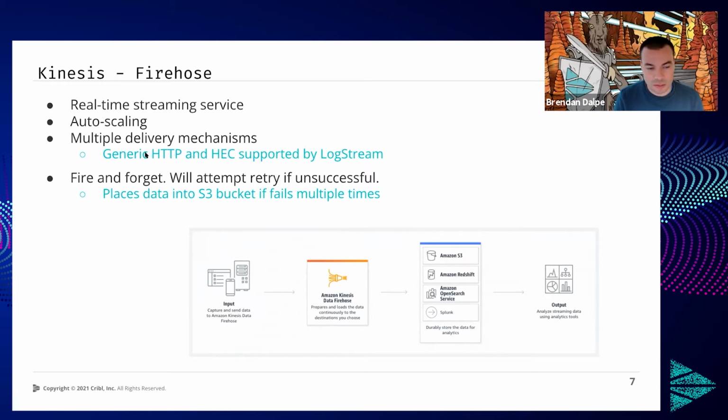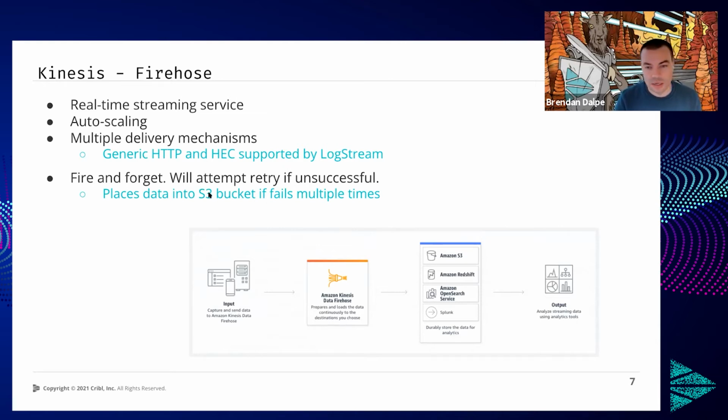We support receiving this data either via the generic HTTP. So that tile that you saw that says Firehose, that's a generic HTTP destination from Kinesis Data Firehose. We also support Splunk HEC as an output from Firehose. So you could choose Splunk as a destination and use Splunk HEC as a receiving mechanism inside Logstream.